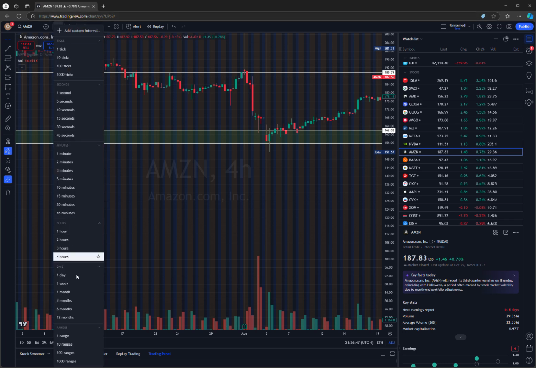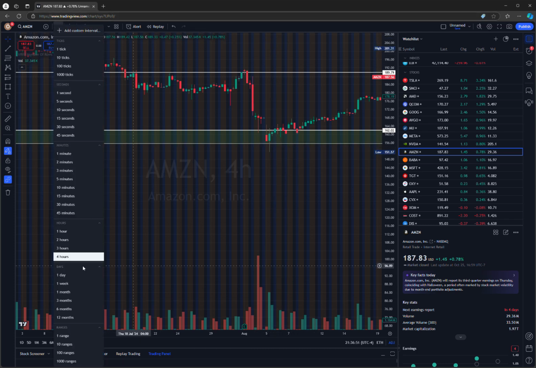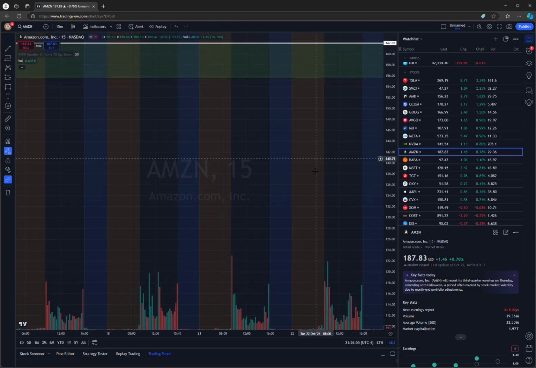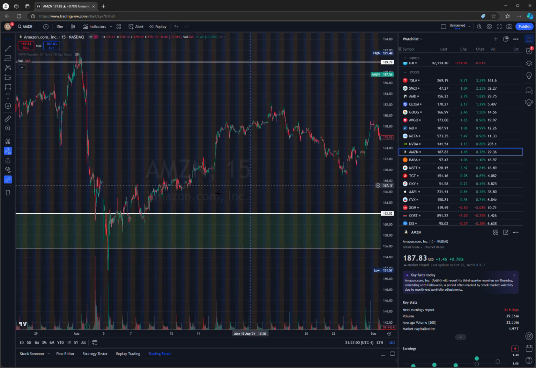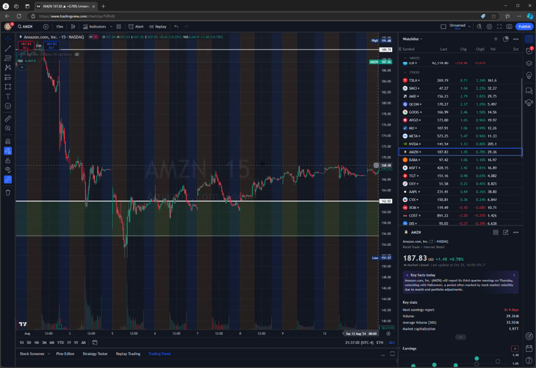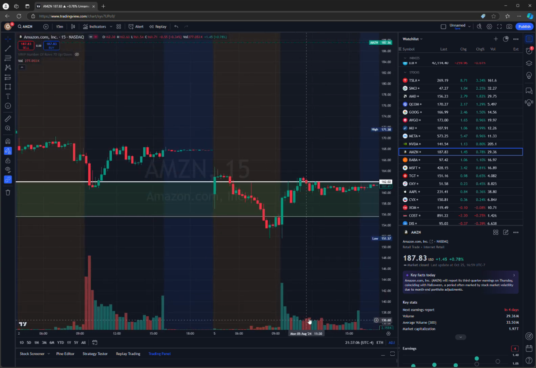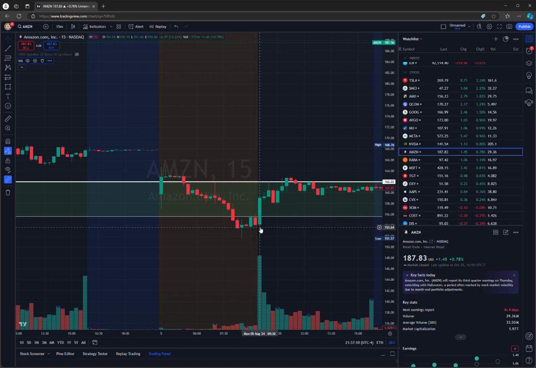Let's go down to the 15-minute. What day is this? This is on the 5th. What's happening on the 15, where we get our signals from? What's happening here? It's not a full bullish engulfing, but essentially that's what you're getting there.